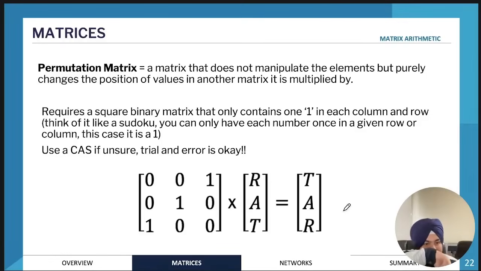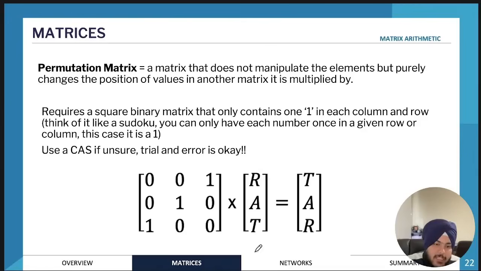Okay. So now we'll talk about permutation matrices. Like I said, permutation matrices are really important in the course. But the main use of permutation matrices in matrix arithmetic is usually to manipulate a particular matrix without actually changing the elements. So usually what we use a permutation matrix for is to change the order of the elements in the matrix.